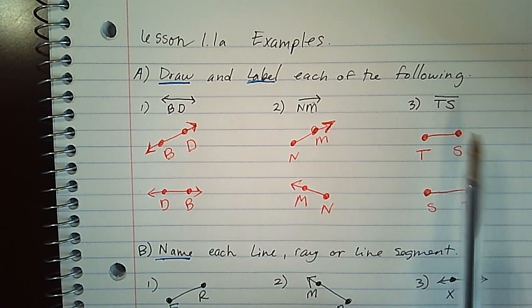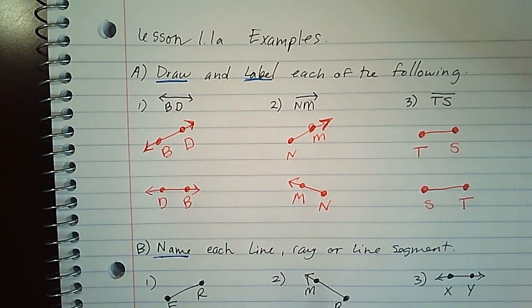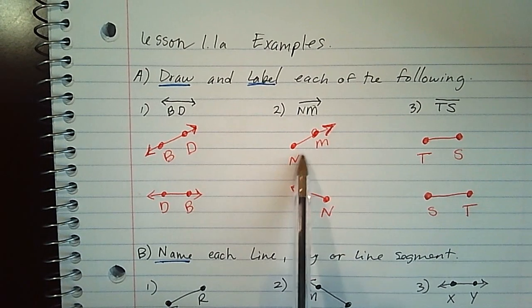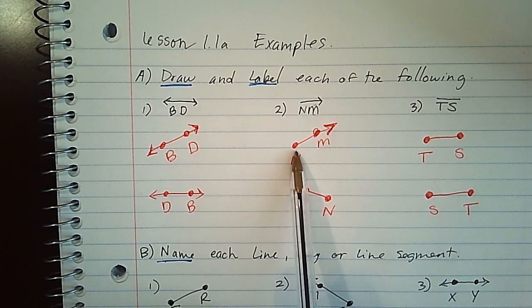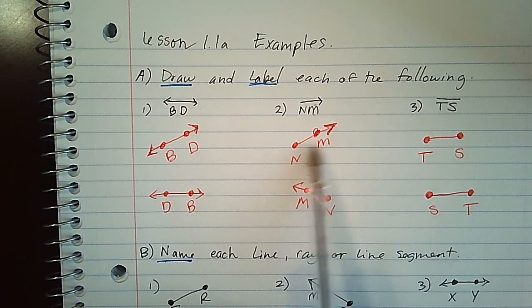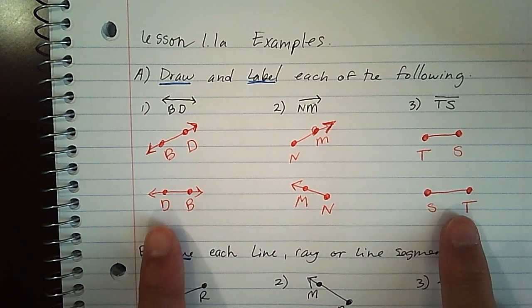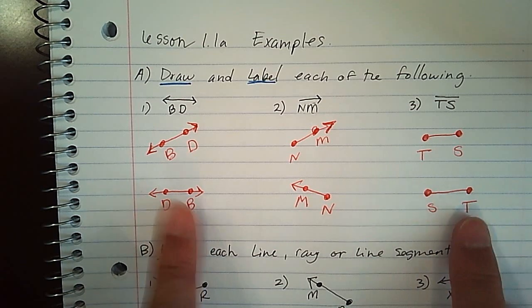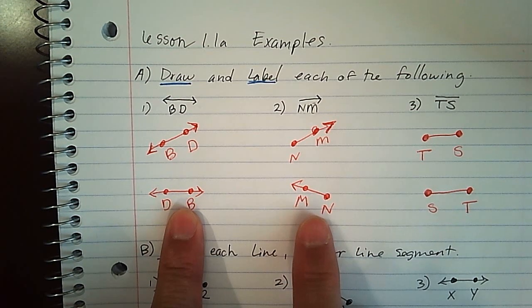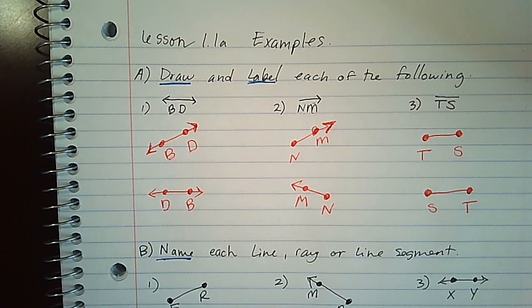TS or ST, same thing. Okay. This is the only one that's pretty specific. You have to have the N over the dot, and the M has to be next to the arrowhead. These two are interchangeable. This one's specific. Okay, so that's the example for those.